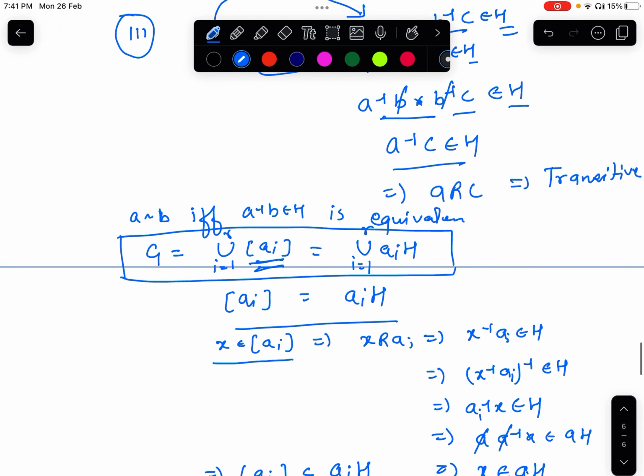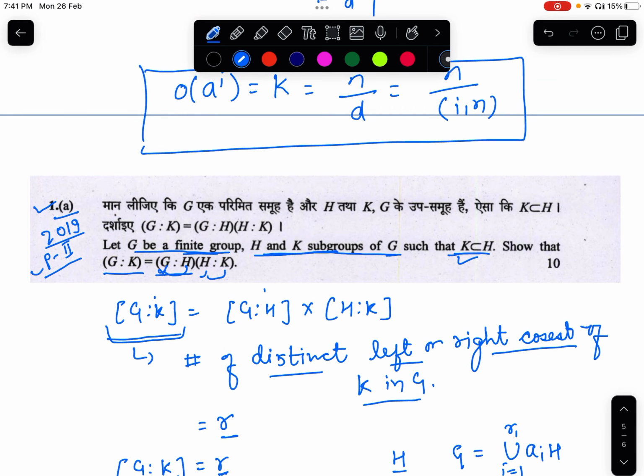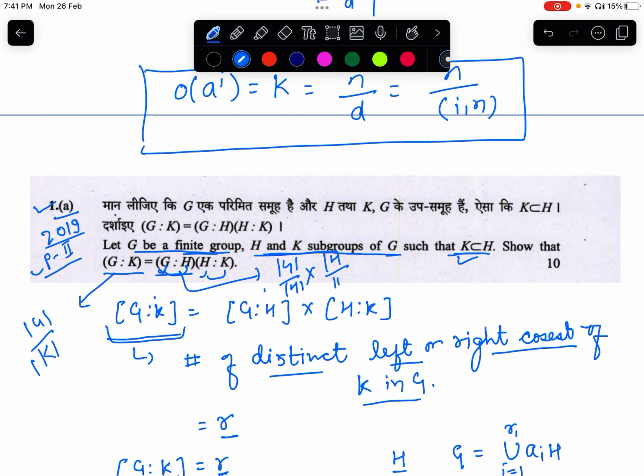So this is it. Actually, in this question, people said that this is equal to order of G divided by order of K, and this is equal to order of G divided by order of H multiplied by order of H divided by order of K. So it cancels out. In three lines, we have solved this question.